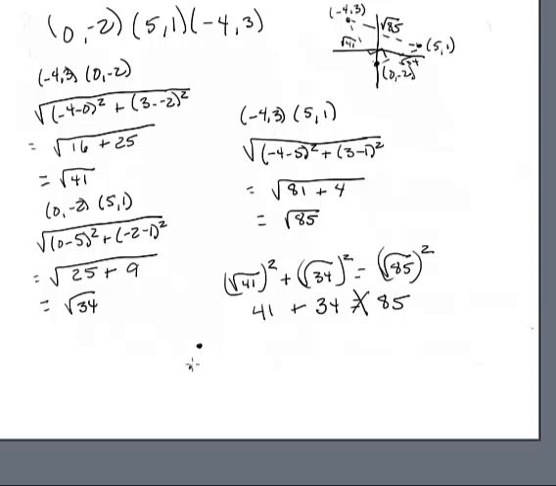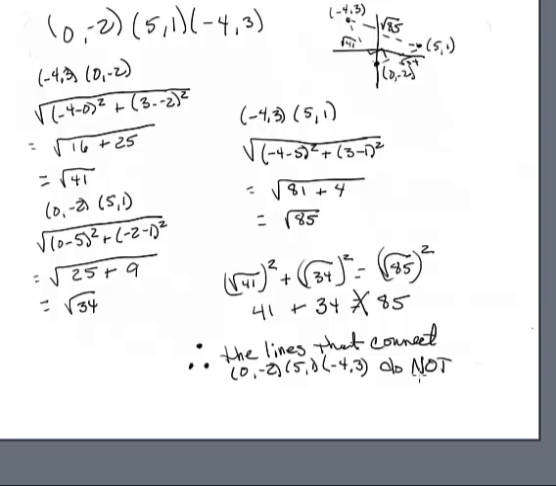Therefore, the lines that connect 0, negative 2, 5, comma 1, and negative 4, comma 3 do not make a right triangle.